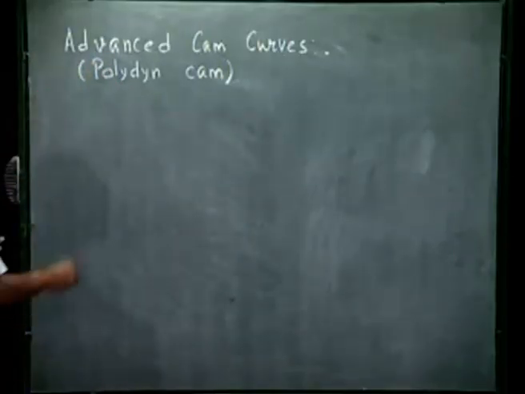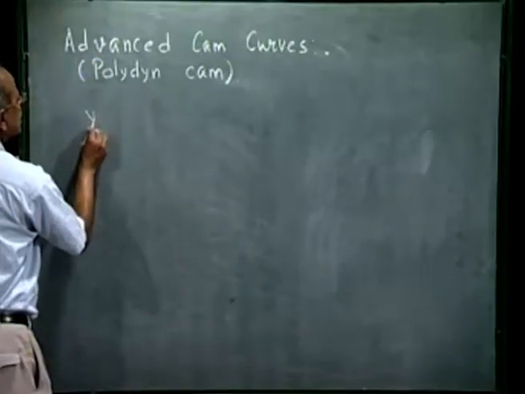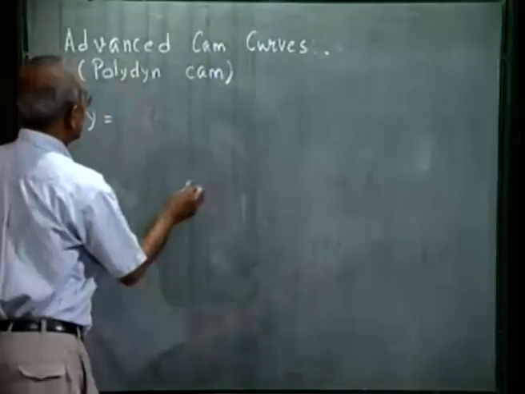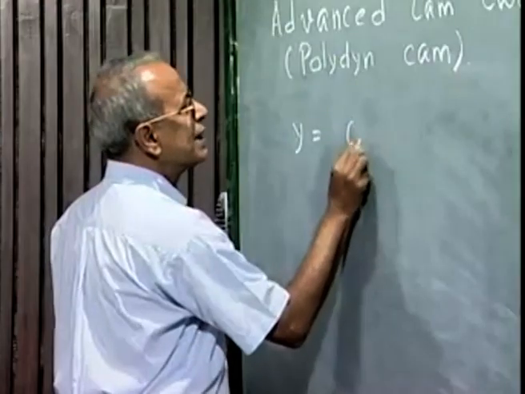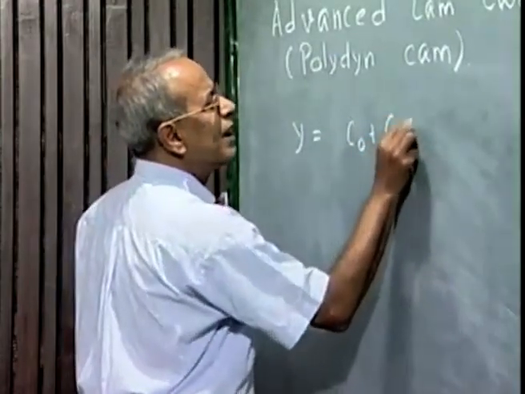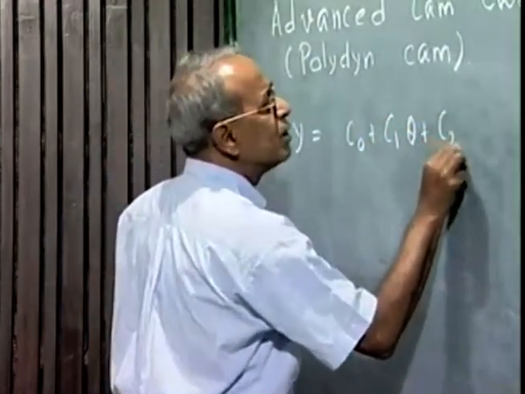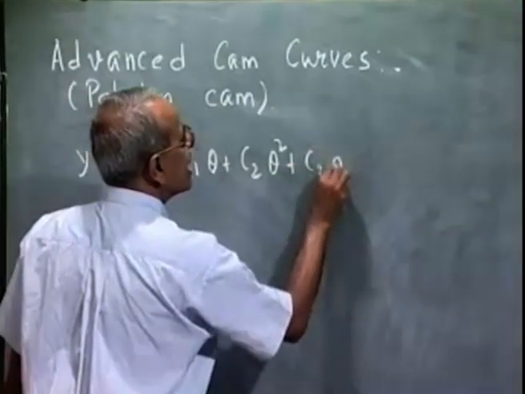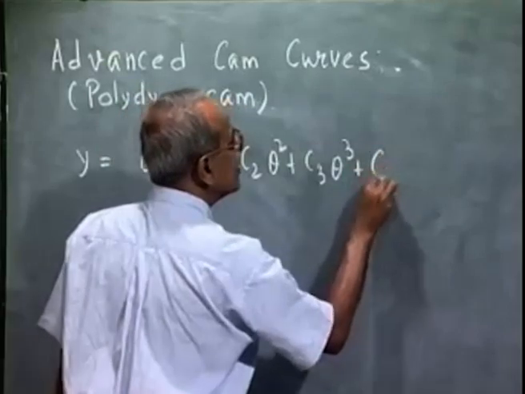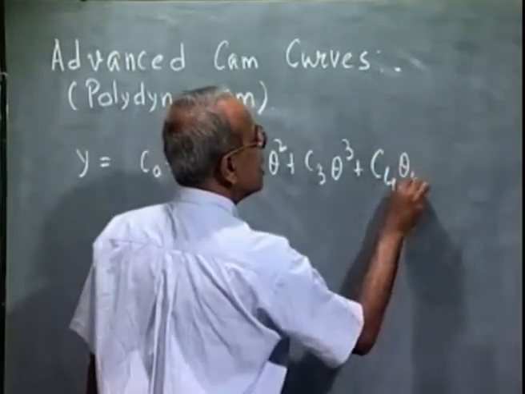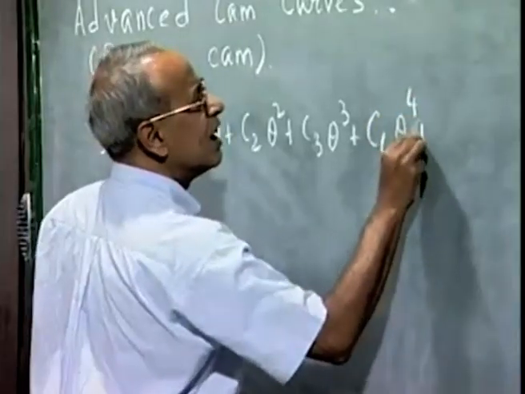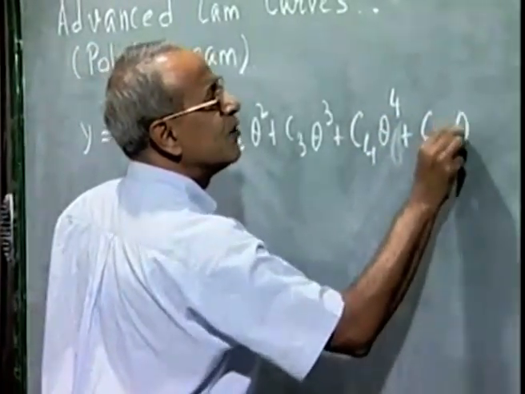In these advanced cam curves, we write the displacement of the follower as a polynomial of theta, an algebraic expression using powers of theta. Say I write up to 5th order.